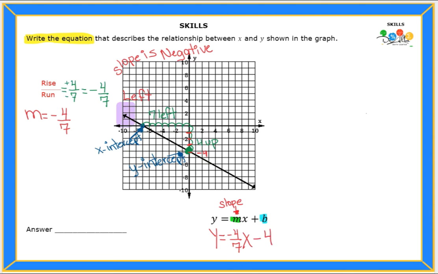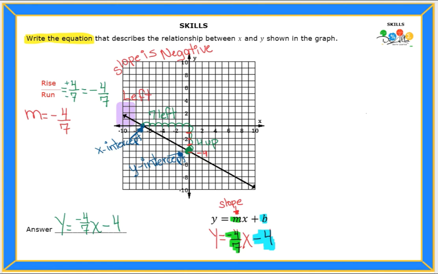So I got both already. I got the slope and I got the y-intercept. Therefore, that will be my final answer. So it would be y equals negative 4 over 7 x minus 4.